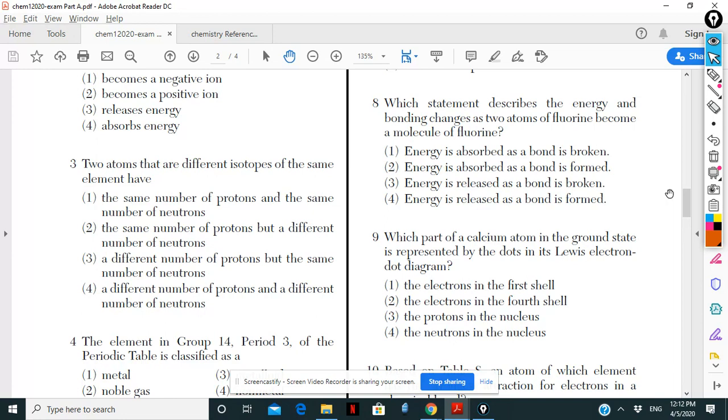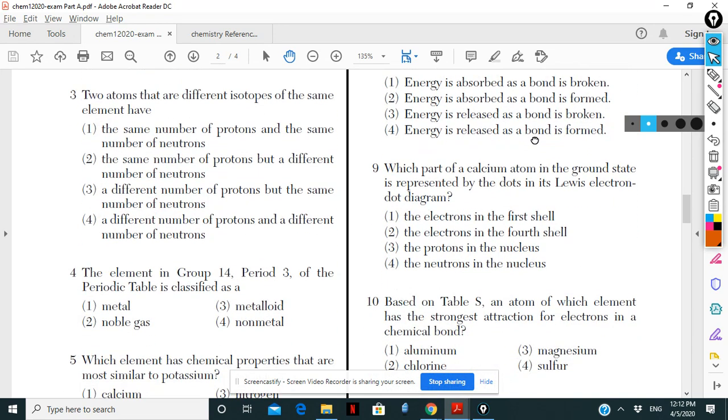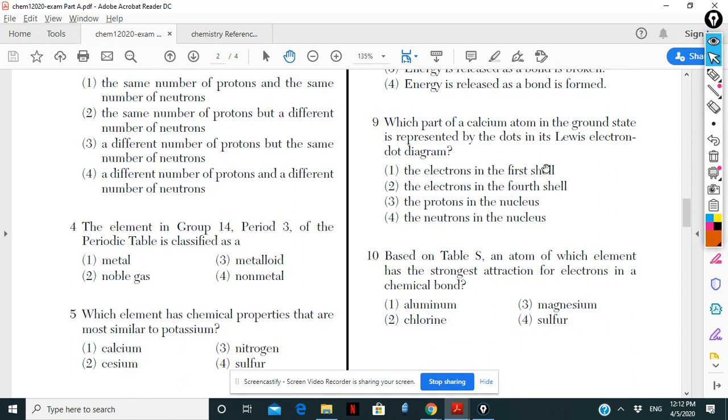So I cross out number 1 and number 3 because I didn't break down, I formed the bond. So I have 2 and 4. And we said forming a bond is combined with releasing energy.